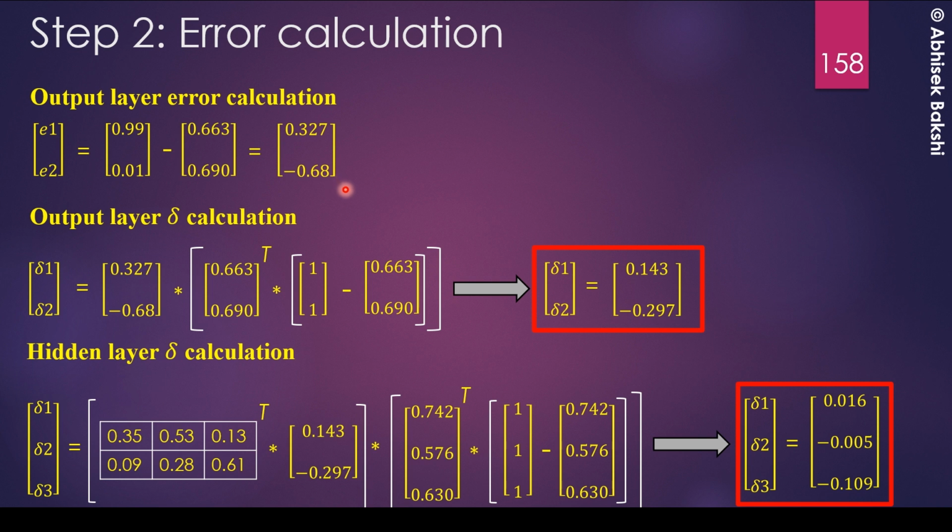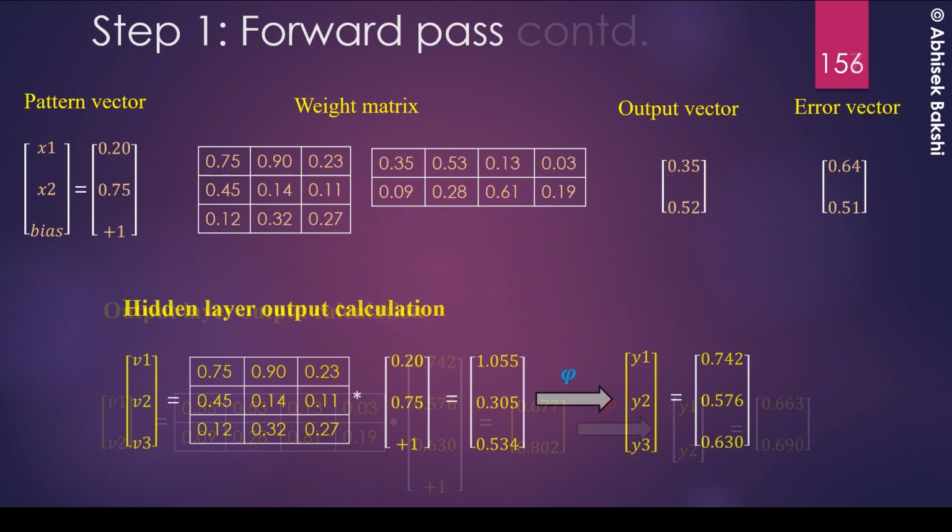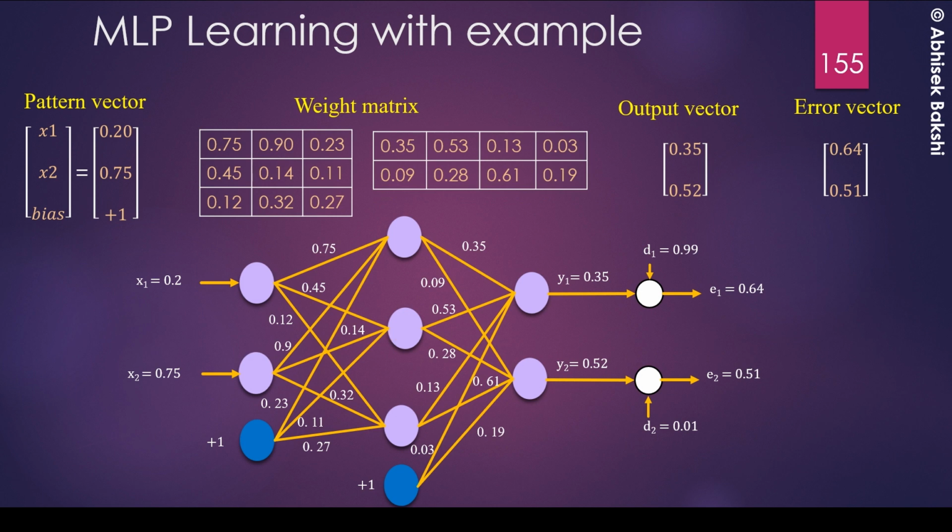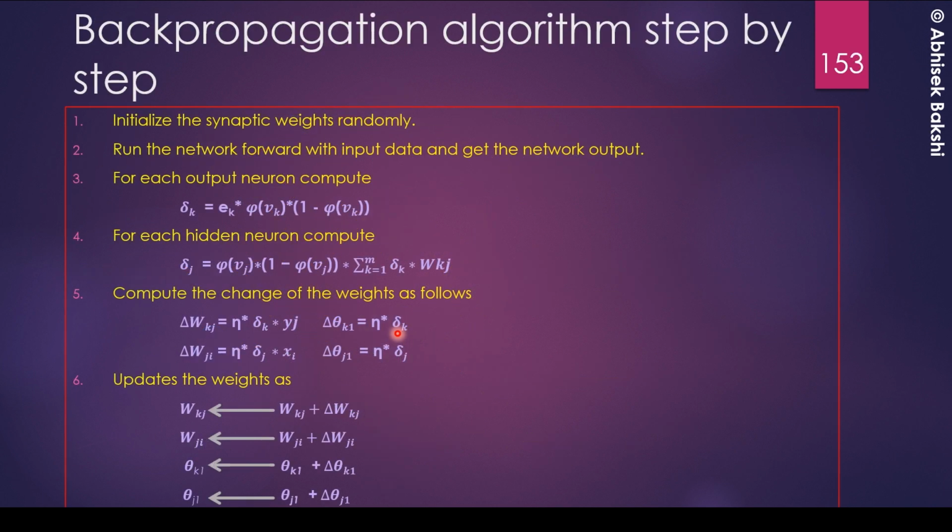Now, I have not rigorously shown the calculation of the delta, but the delta can again be calculated in matrix form. If you look into the delta part, what was the equation of delta k?